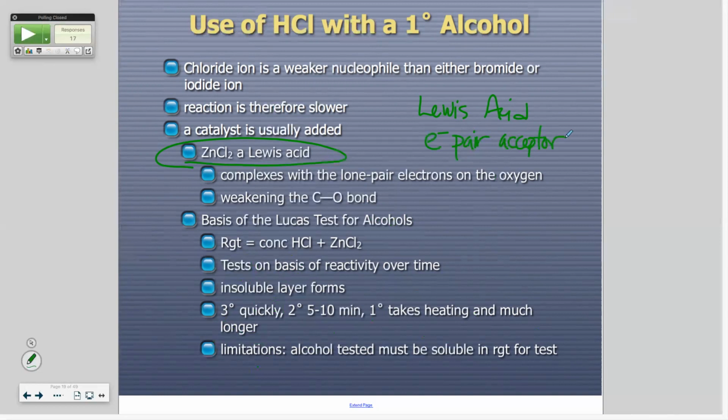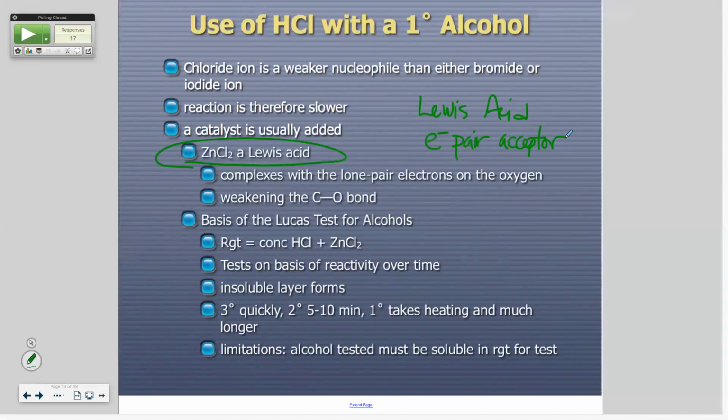It is an electron pair acceptor. Remember when you have to draw Lewis structures, you have to show all the electrons. The Lewis acid-base definition has to do with the electrons. The Bronsted-Lowry acid-base definition has to do with what? Protons. H plus, right?